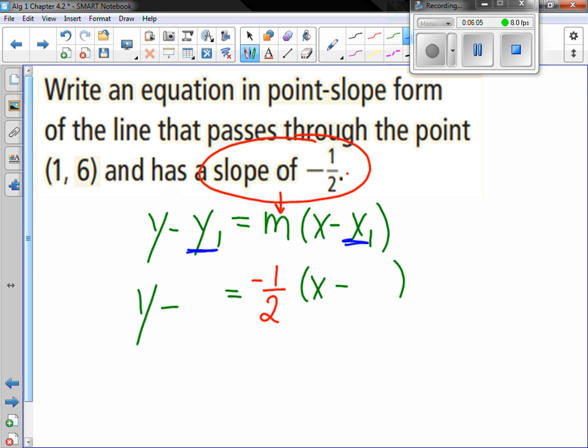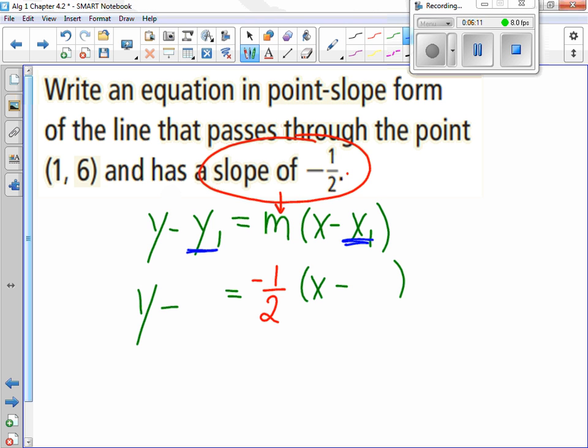Now, the y1 and x1 is a point. It's just the values of a point. And we need a point to be able to plug in to find the equation of the line. So what is a point we can use? Well, they gave us one here, didn't they? 1, 6, and we can plug it in.